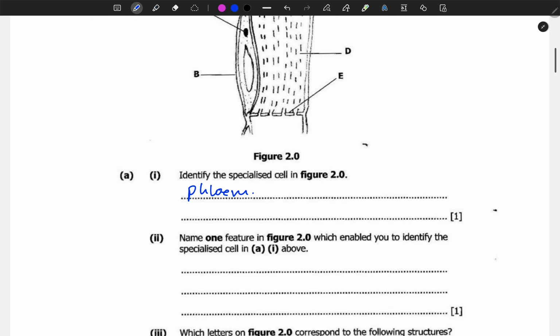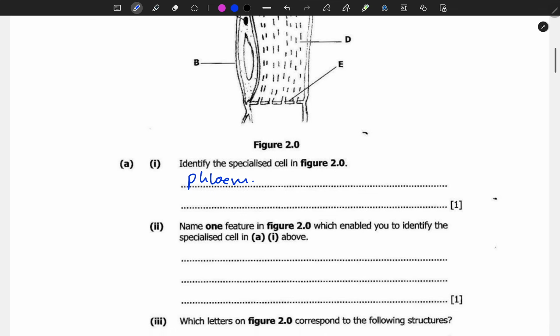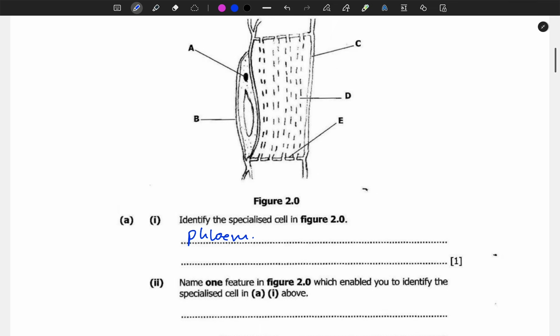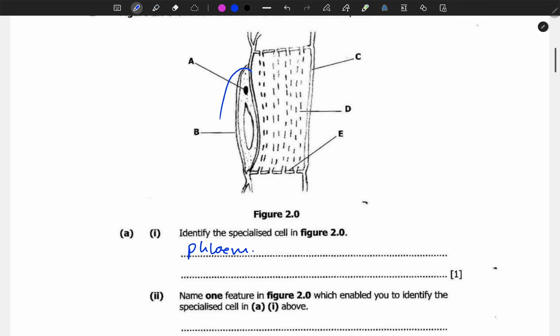Then Roman number 2, name one feature in figure 2.0 which enabled you to identify the specialized cells in A1 above. There are so many features that we can give. We can see that here we have the presence of a companion cell.